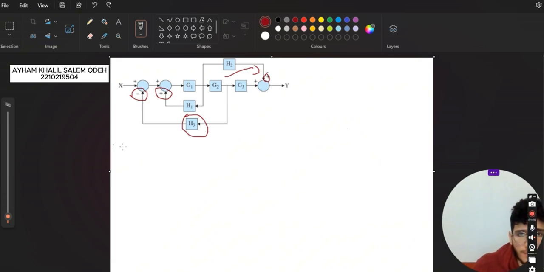Now let's start by moving this from this side back. If you move it back, we'll have to multiply G2 by the feedback.